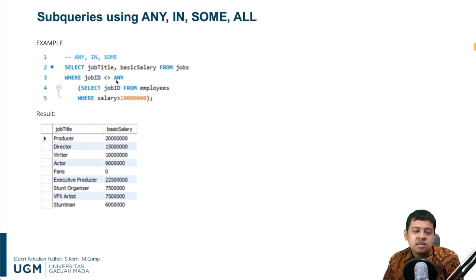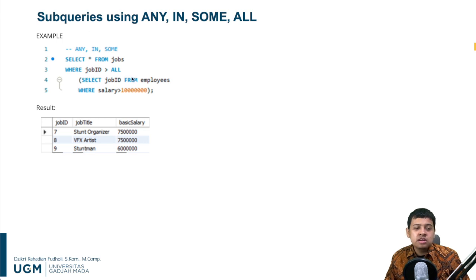If we do it this way, we will output everything that is not equal to any of this. That means if we have only one not equal, it's being outputted as well. So that's totally not related in this kind of query.